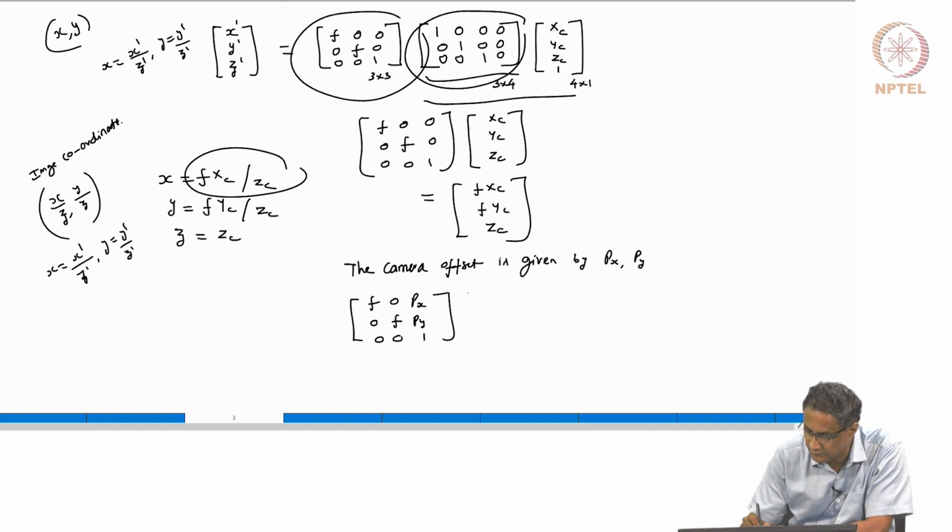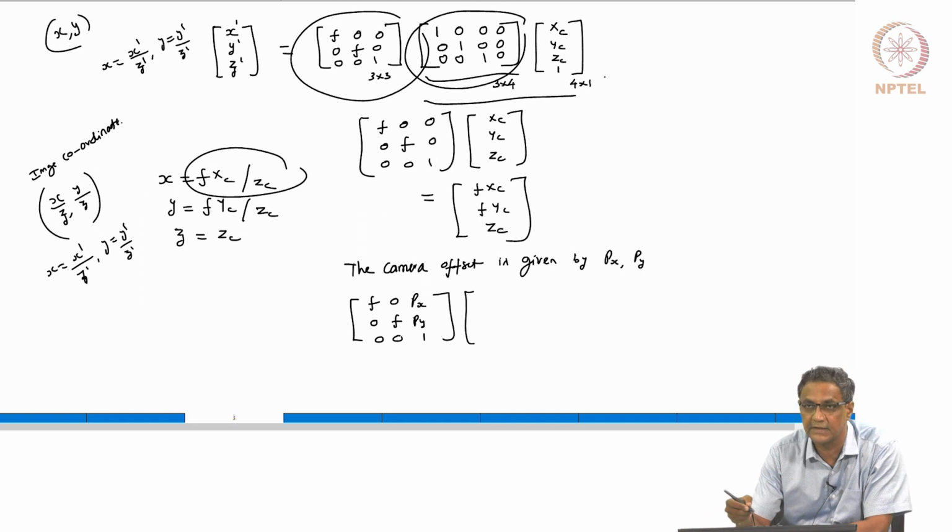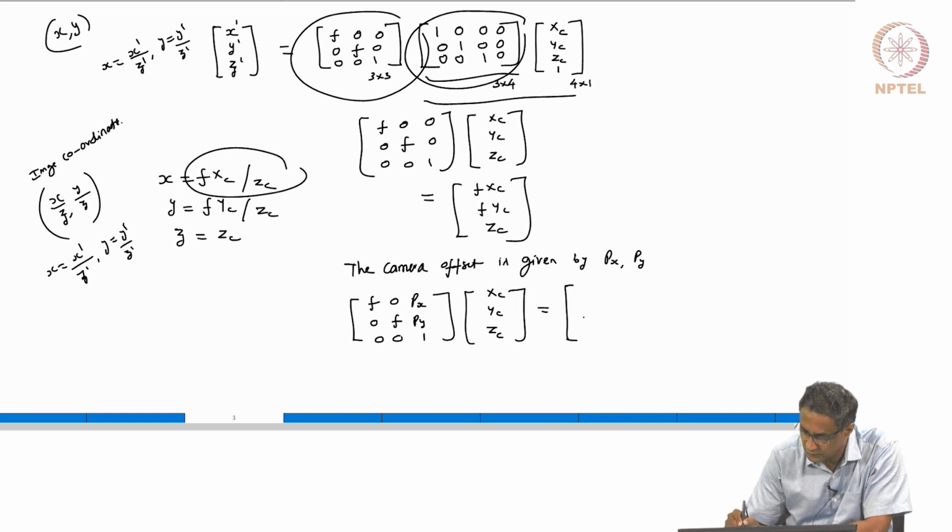Now if you again multiply the right hand side, that 3 cross 4 by 4 cross 1, you still have xc, yc, zc, and if you multiply the two, you get fxc plus Px zc, fyc plus Py zc, and then zc.